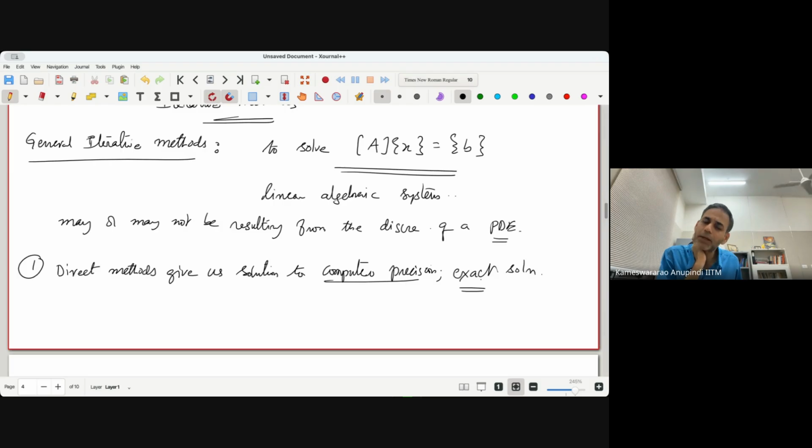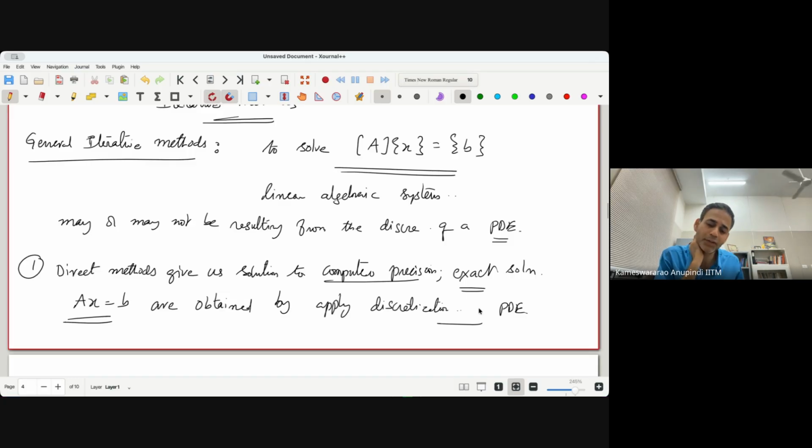But what we realize is that the systems Ax equal to b that we are obtaining, at least in the case of solution of PDEs, are obtained by applying some kind of discretization to the governing PDE. In this case, the finite difference method is applied to the governing PDE to get Ax equal to b.